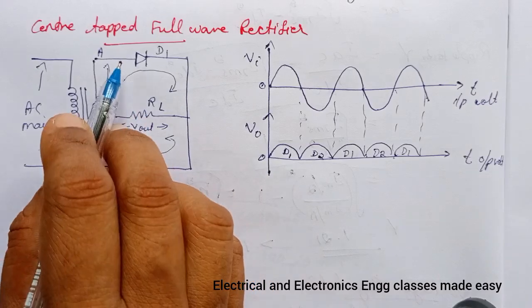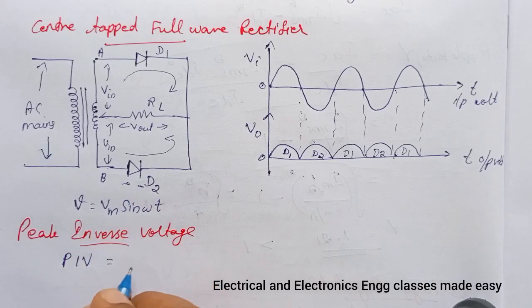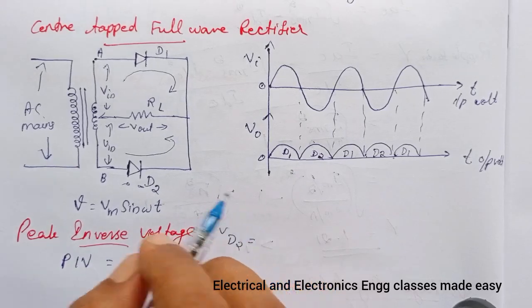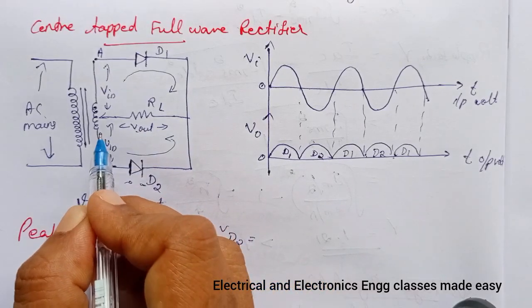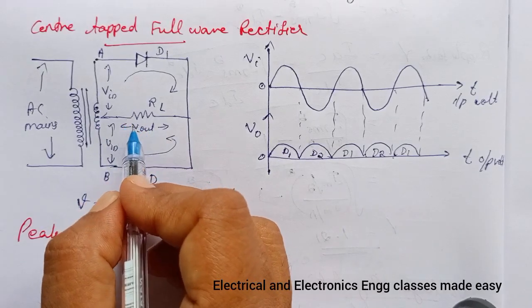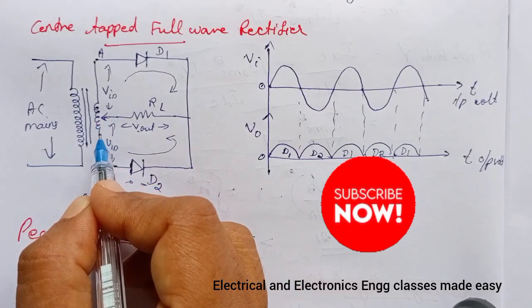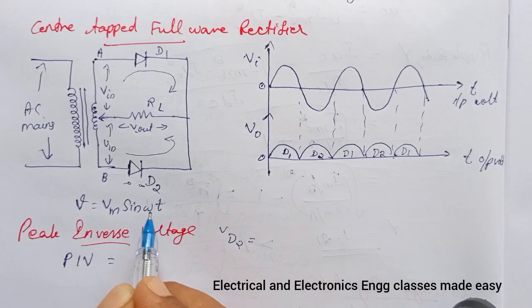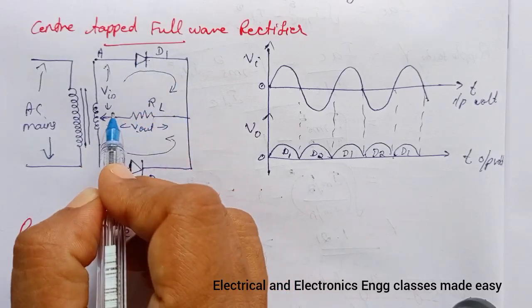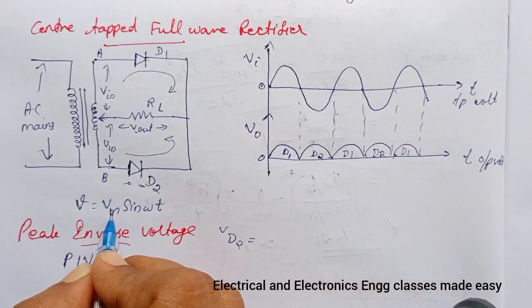When D1 conducts, the voltage across the non-conducting diode D2 will be equal to the sum of the voltage across the lower half of the secondary coil and the load resistor. The voltage across the lower half is Vm sin omega t, and through the load resistor also Vm sin omega t, because this diode conducts, and the maximum voltage is Vm.